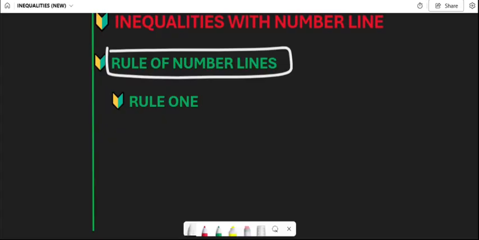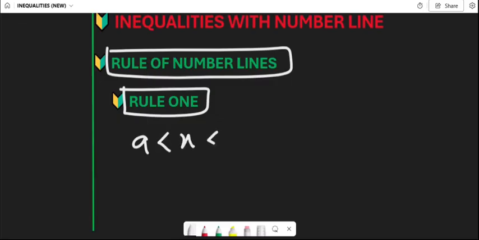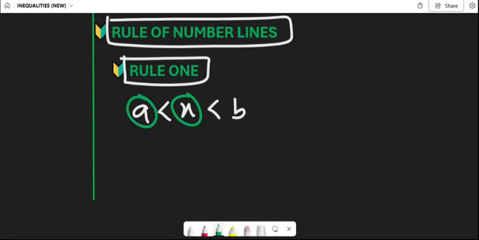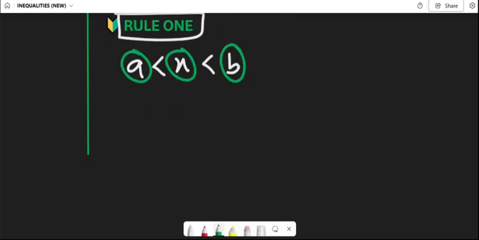The first rule: let's assume we have a is less than x and less than b. What does it actually mean? It means that x is a range of numbers, where x is greater than a, but that same x is less than b. For me to represent it on a number line, we usually have it this way.